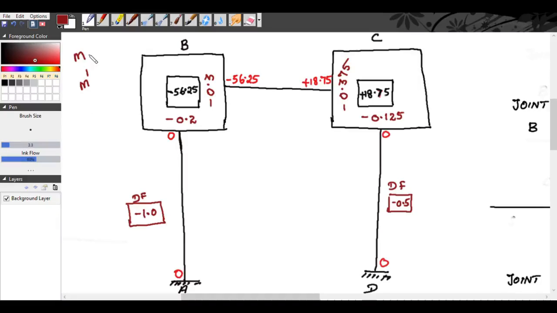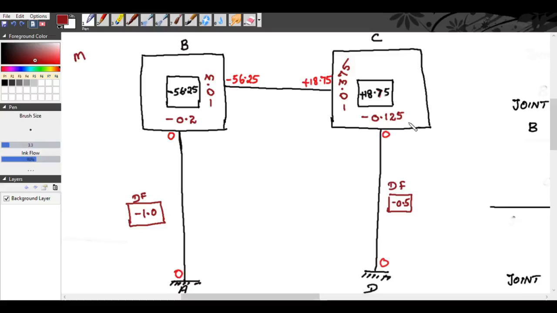Small m means rotational contribution and small m dash means displacement contribution. So, the rotational contributions will be for the joints B and C, right? Since A and D are fixed, there will not be any rotational contributions from A and D. Only from B and C we will have the rotational contributions.